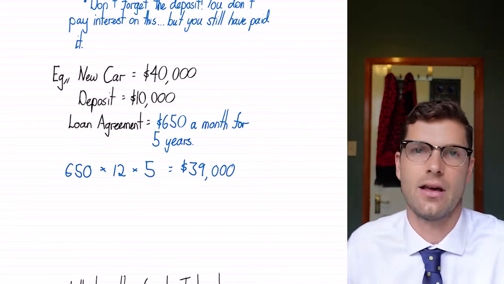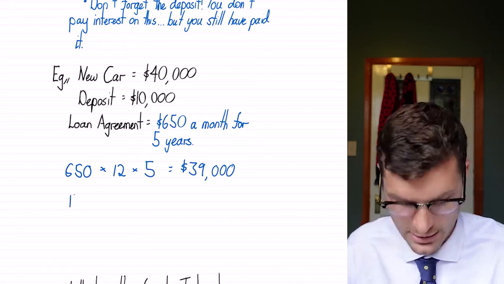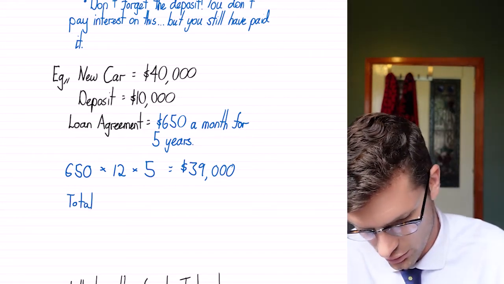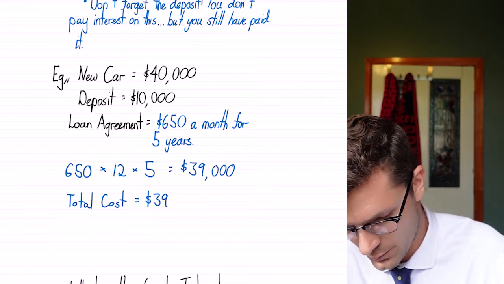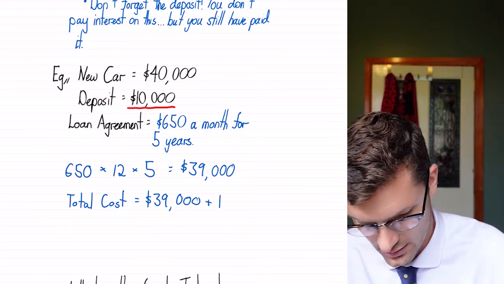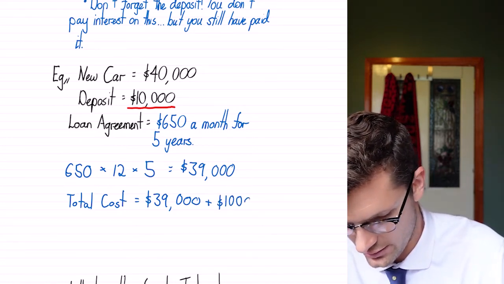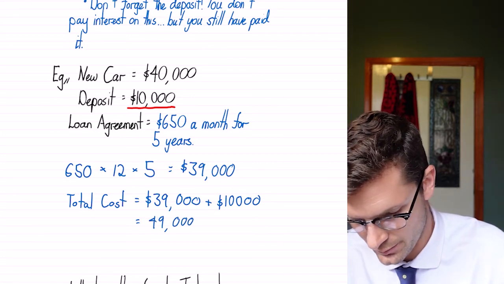All right, and you're thinking, hey, that's less money than the 40 grand. But to work out our total cost, we have that amount plus our deposit, which was 10 grand. So plus 10 grand, which is equal to $49,000.